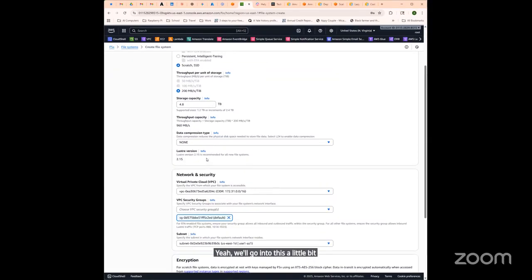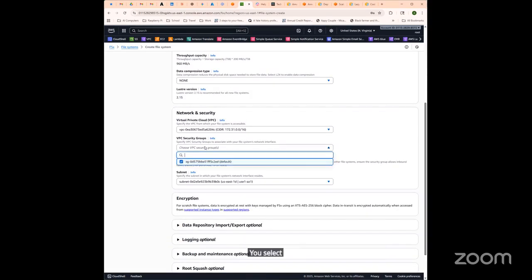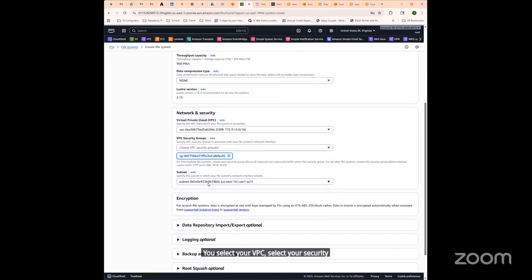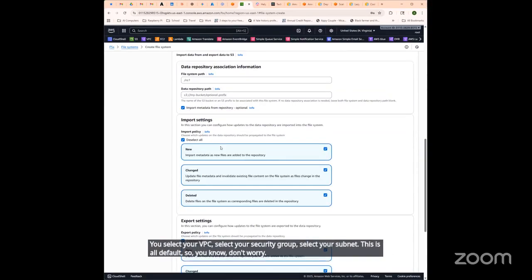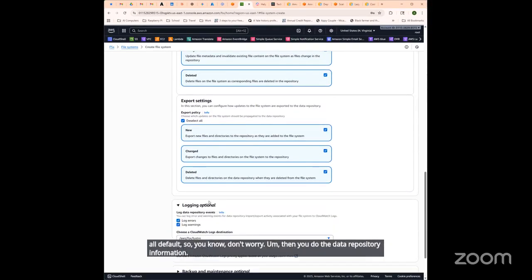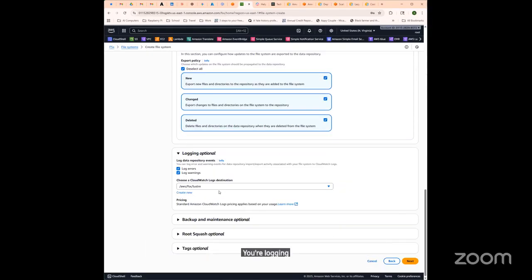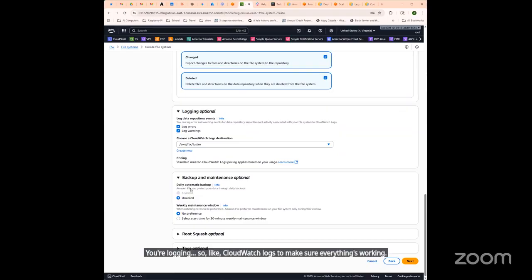All right. And then from here, you do the data compression, you select your VPC, select your security group, select your subnet. This is all the default, so don't worry. Then you do the data repository information, your logging, like CloudWatch logs to make sure everything's working. Your backup. Do you want to do daily, weekly, hourly?